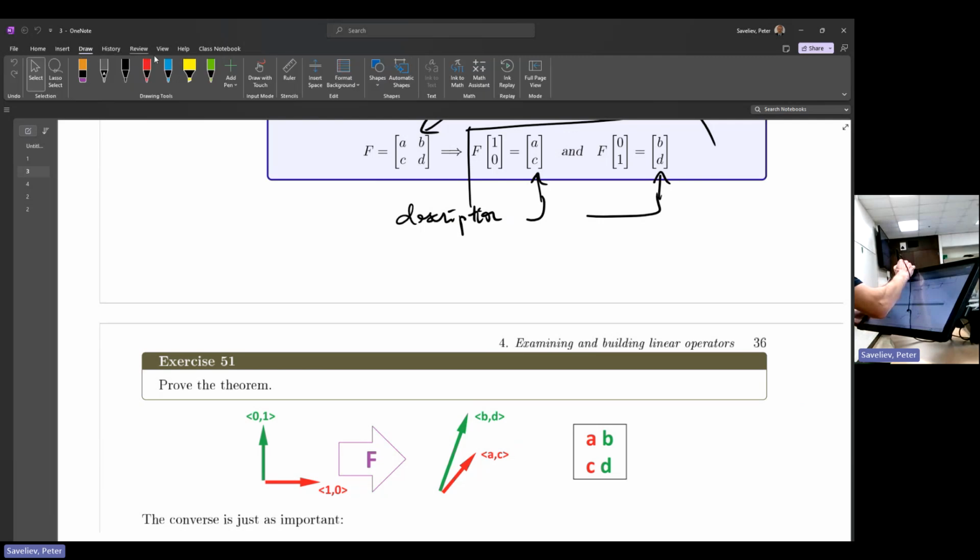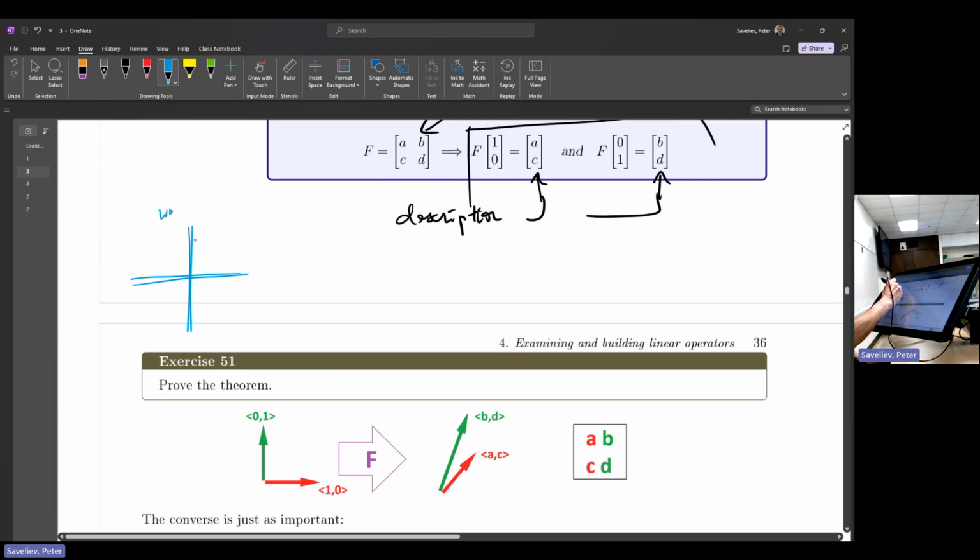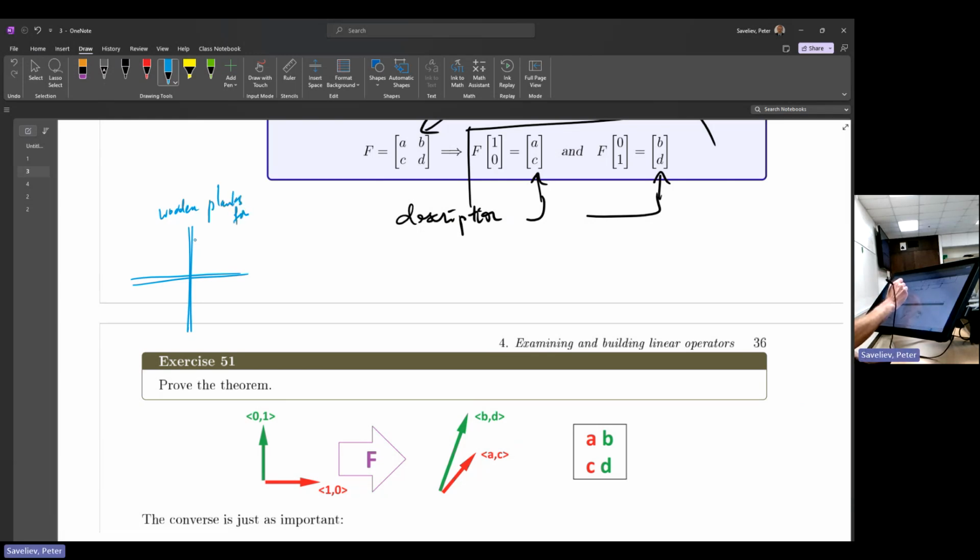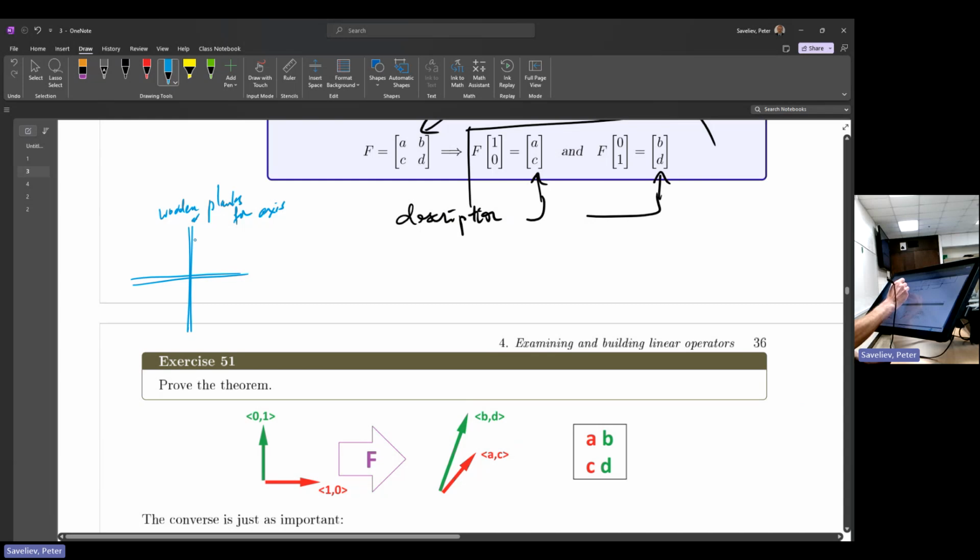Think about the meaning of a linear operator as if you have your xy plane made of wooden planks for the axes. Okay, and then so these are the planks.